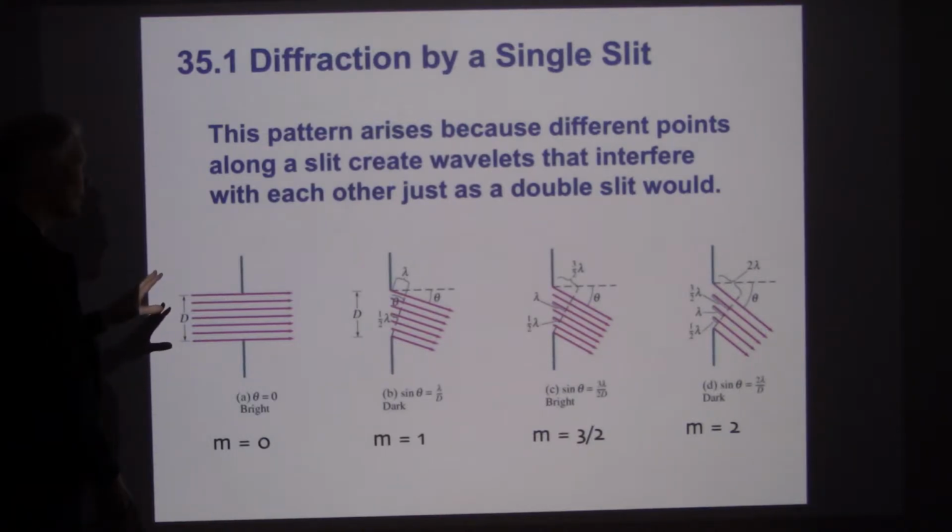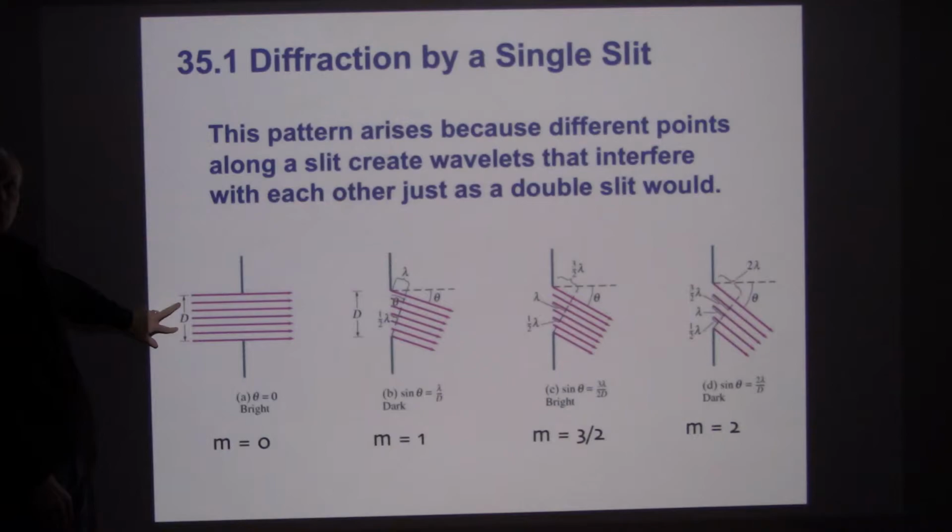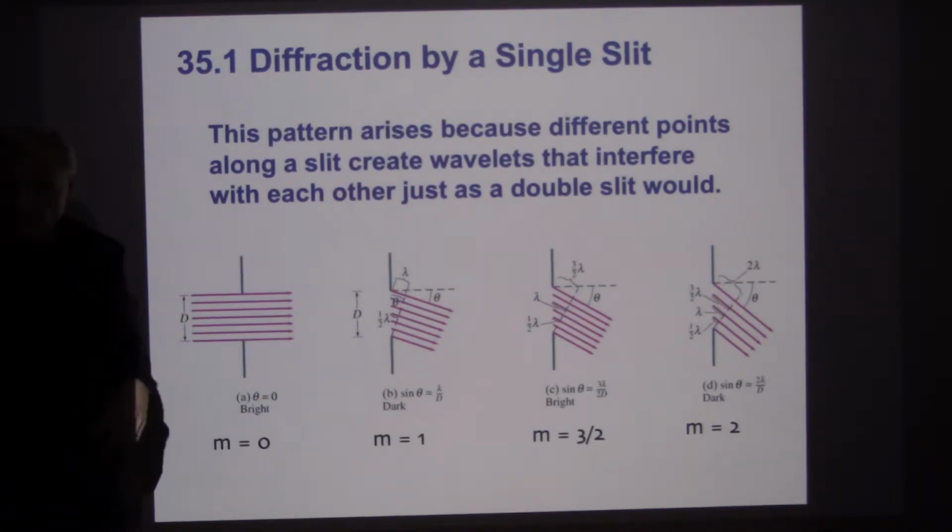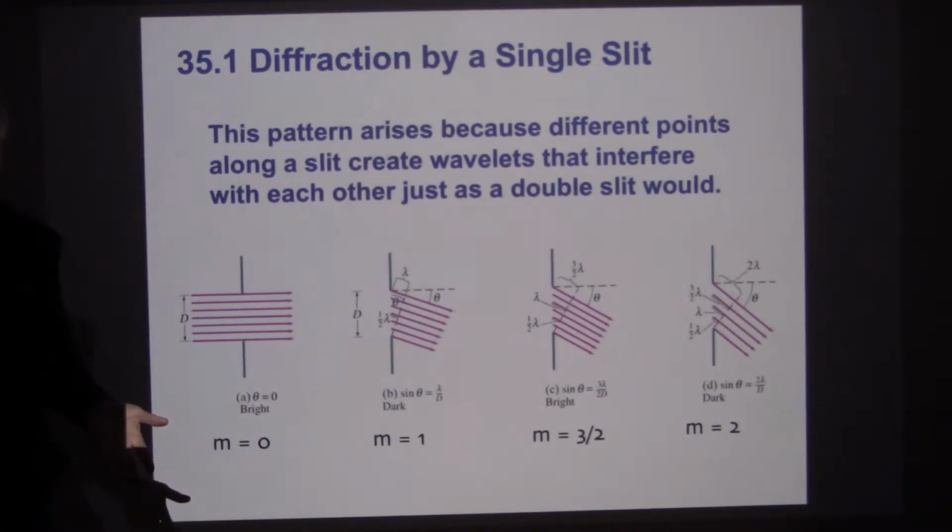Now, a couple things I should point out right now. In my notes, I am going to use little a for the width of the slit. That's very common in a lot of textbooks and a lot of notation that we use for the slit widths.